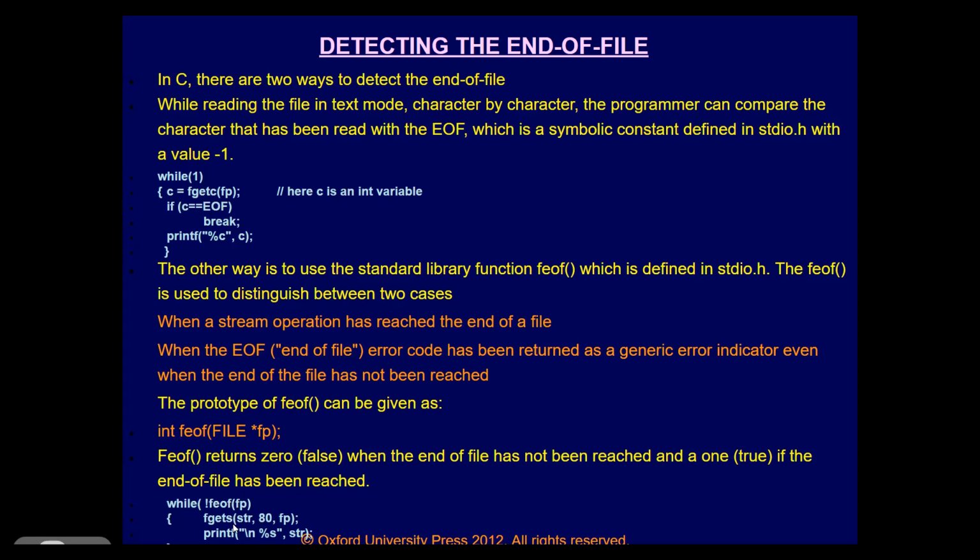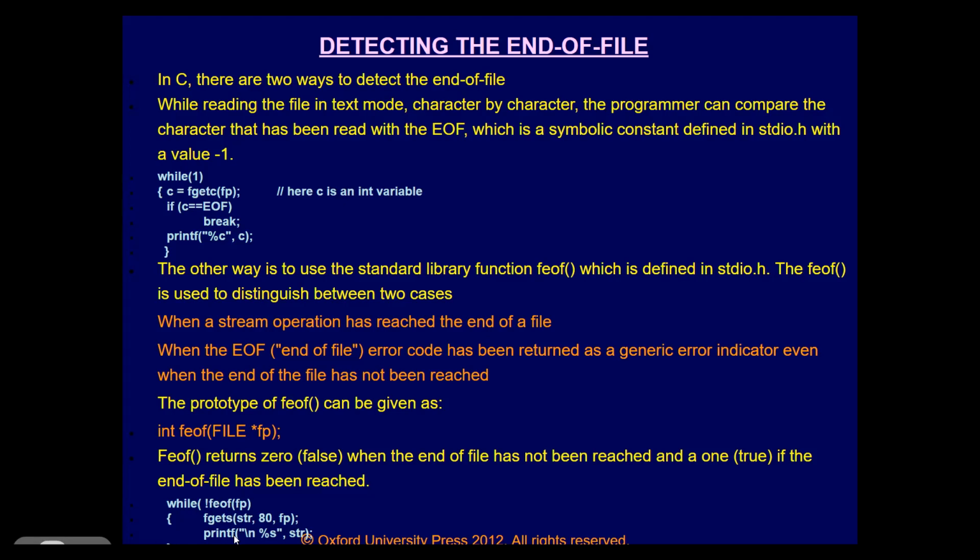Then it reads a line of up to 80 characters from the file pointed to by fp into the str array. Next, it prints the read line to the console.